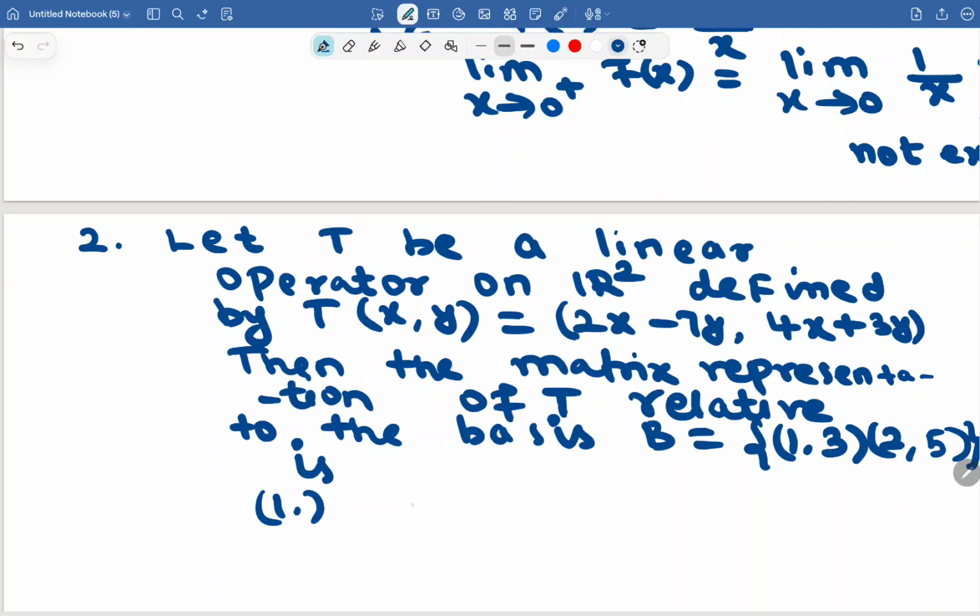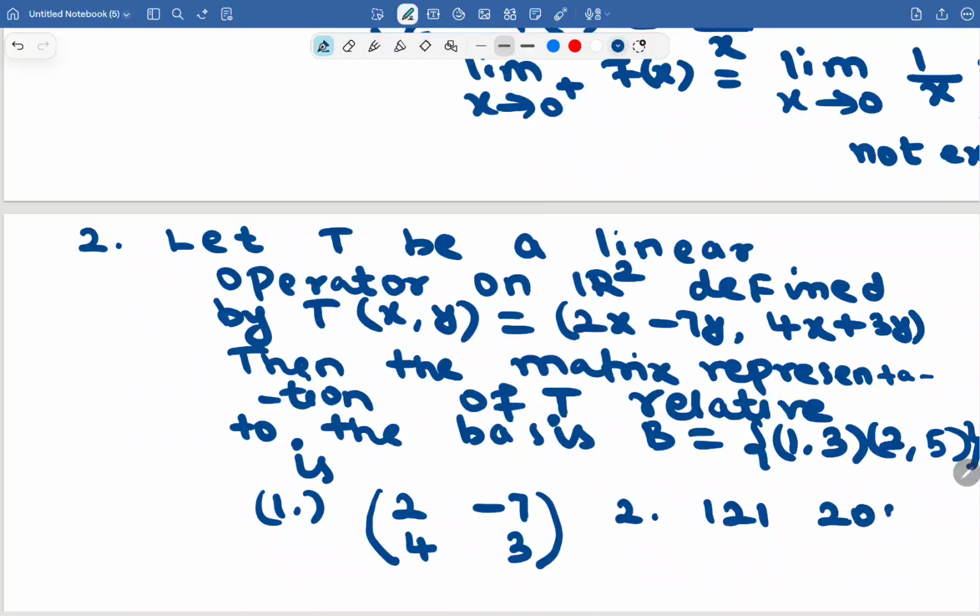Option 1: 2, minus 7, 4, 3. Second option: 121, 201, minus 70, minus 116.